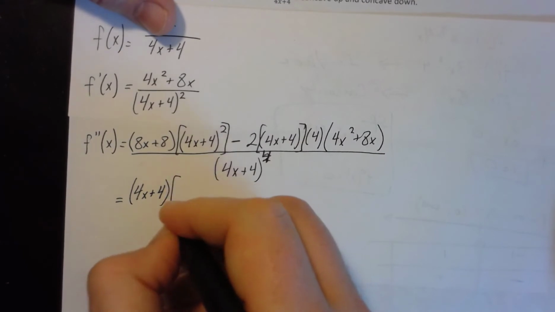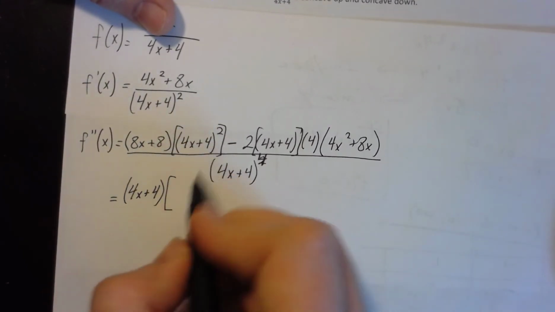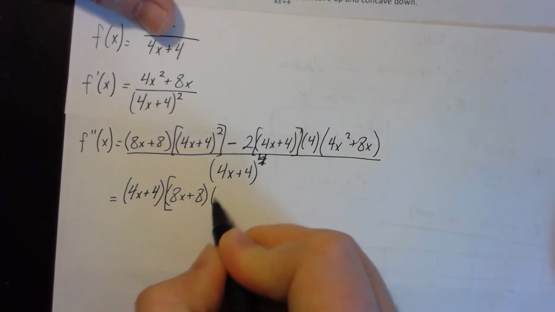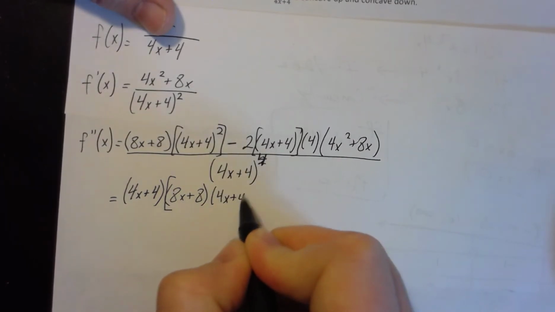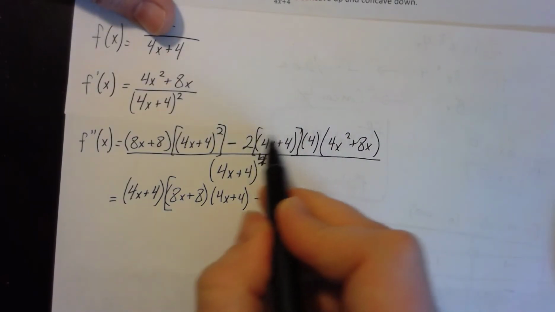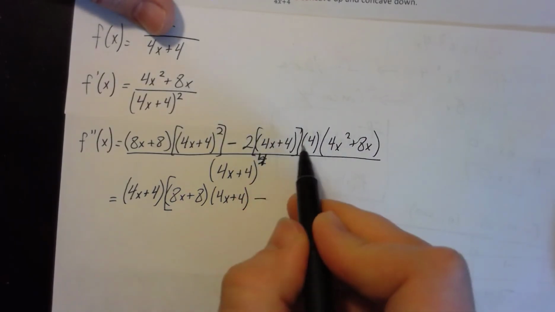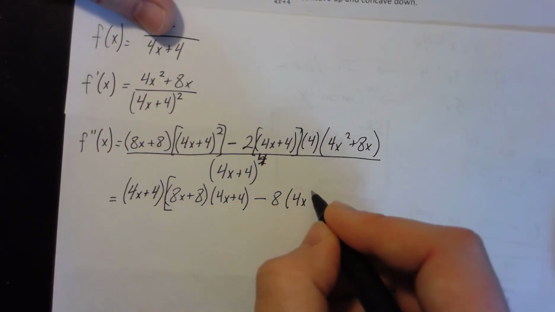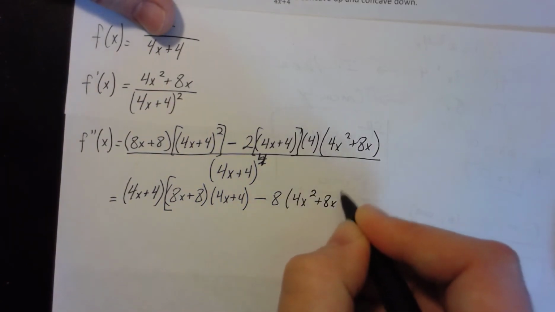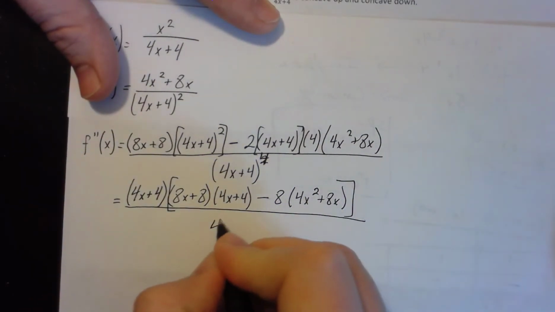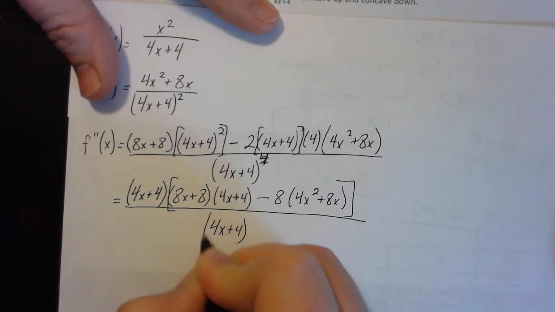So when I do that, this new first term becomes 8x plus 8 times the leftover 4x plus 4, minus, over here, since I factored that term out, it's going to be gone. I'm going to have 2 times 4, which is 8, and then we have 4x squared plus 8x left over. This is all divided by (4x plus 4) to the power of 4.